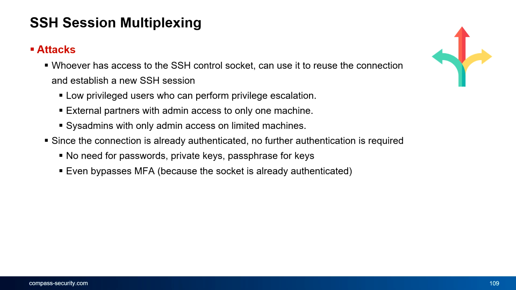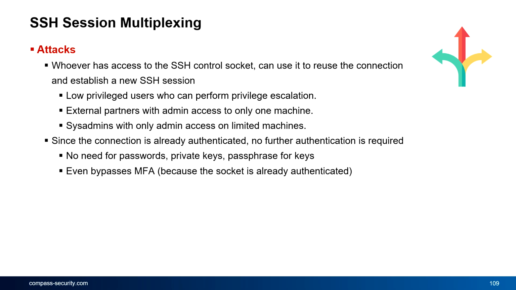This can again be a low privileged user who could perform privilege escalation and then has access to the control socket file, or an external partner or a sysadmin who only has limited access on one machine or on limited machines, but not on all machines. And then if your socket has more privileges than they have, you also provide them access to this system, basically.